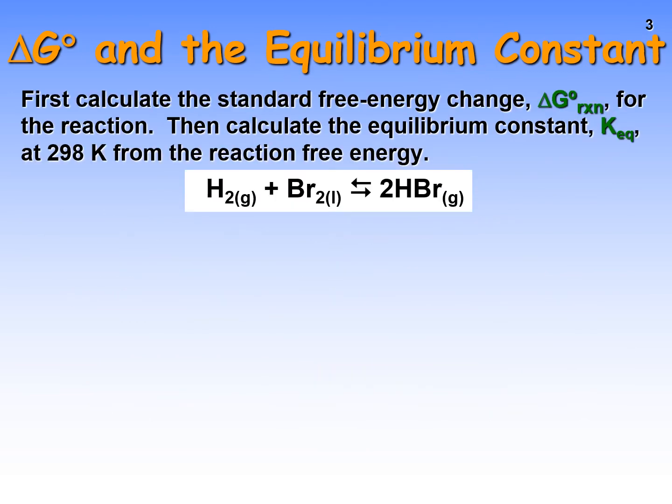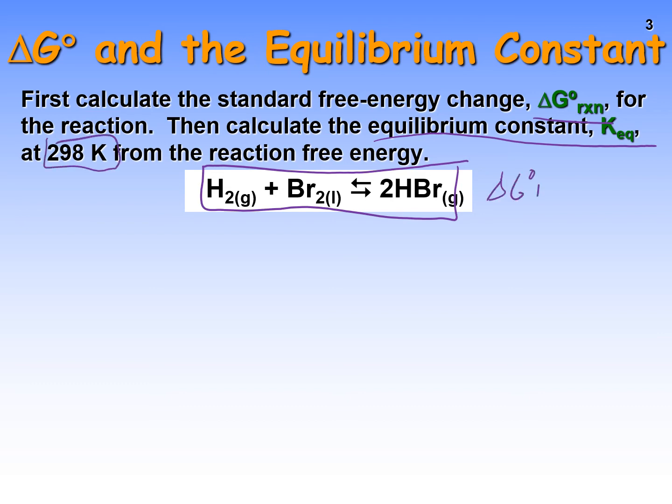So let's do a problem. We want to calculate what the equilibrium constant is for this reaction here. And let's say I need to go look up some values. We're going to do it at 298 K. So the first thing I need to do is calculate my delta G naught of this reaction if I want my equilibrium constant.